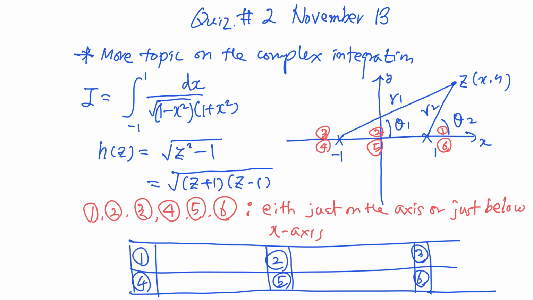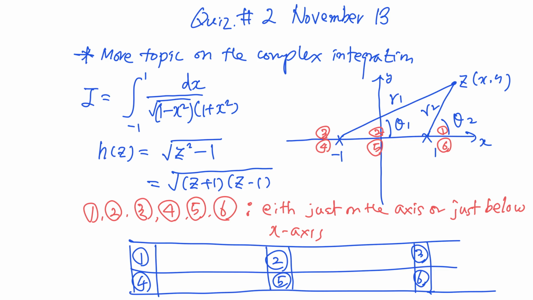So for point 1, we are measuring the angle at this point, assuming z is getting close to the x-axis, and θ1 is 0, right?